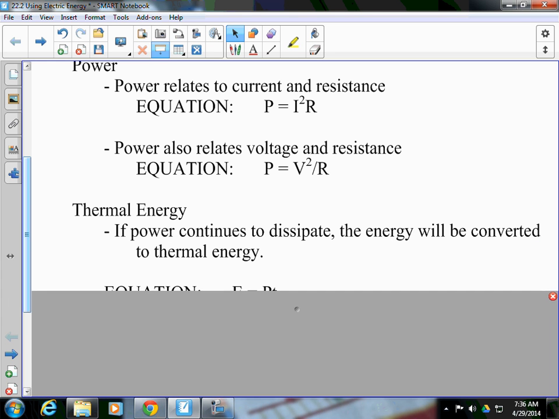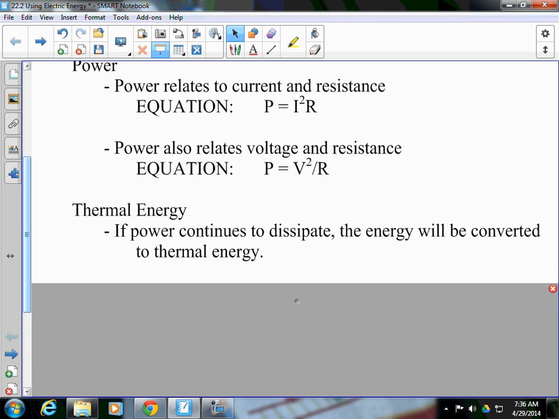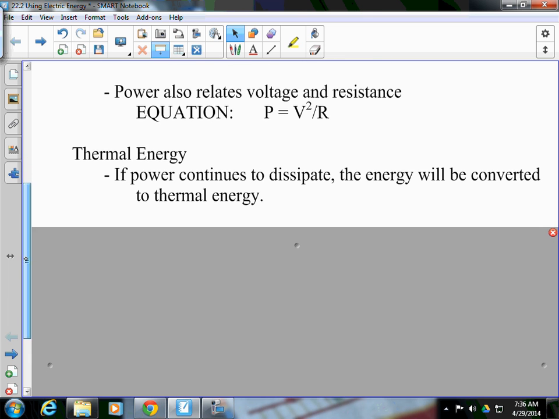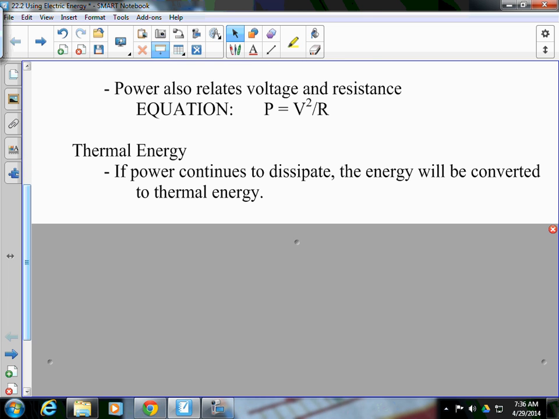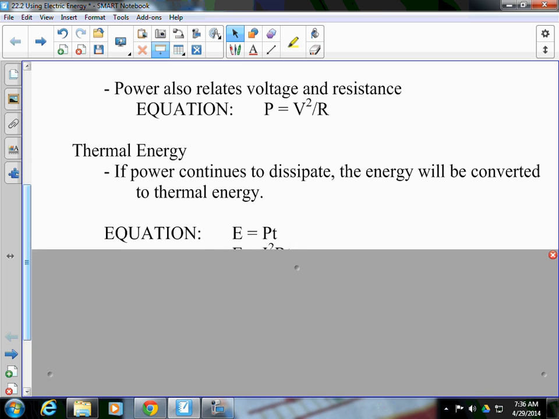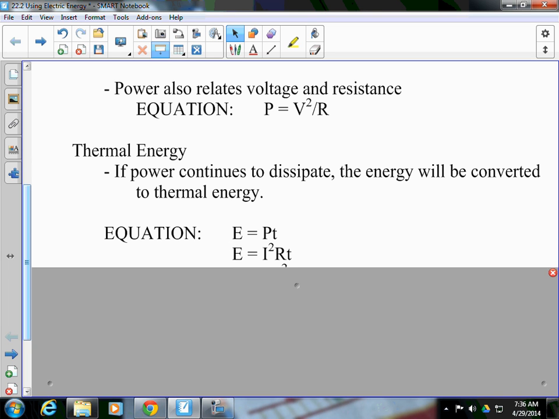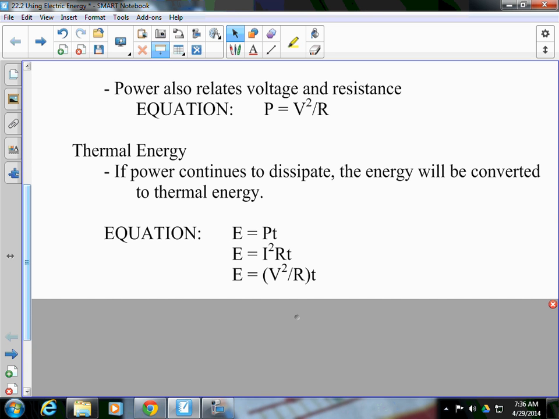Thermal energy: if power continues to dissipate or lose energy, it will be converted to thermal energy, which is heat, which is a resistor creating heat. Old school light bulbs, not the new type that are being introduced this year, but old school light bulbs with a filament were not very efficient, simply because all that electrical energy was being converted to thermal energy and creating large amounts of heat. When we talk about thermal energy, there are three equations that we can use.